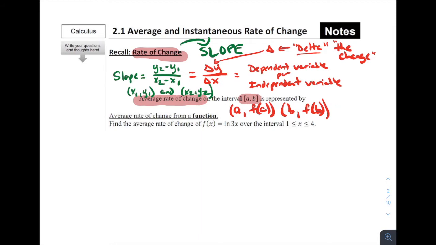So the slope between the two of those is f of b minus f of a, all divided by b minus a. This is our formula for the average rate of change.